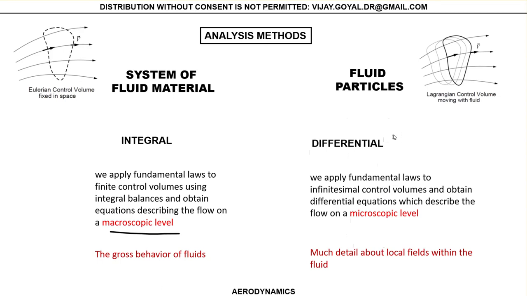However, it is possible to express this differential equation also in terms of integral form, which is not the same as this integral form. This is also at the microscopic level. So, to better understand, let's think about what happens in each one of these perspectives.